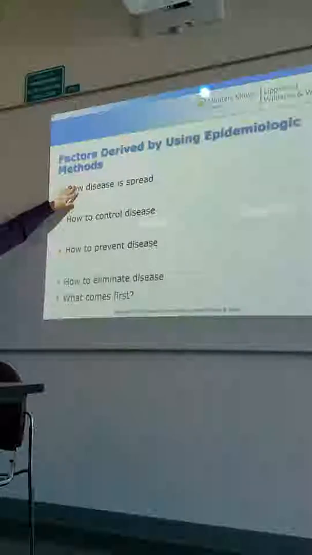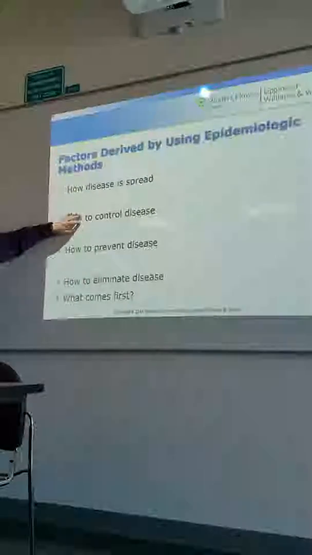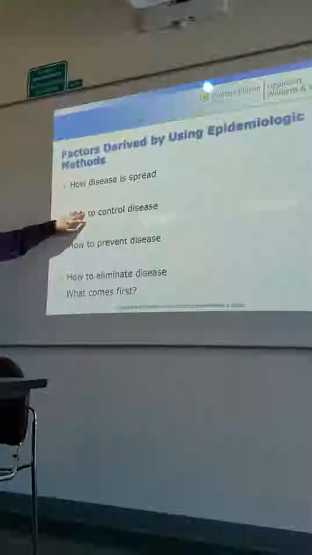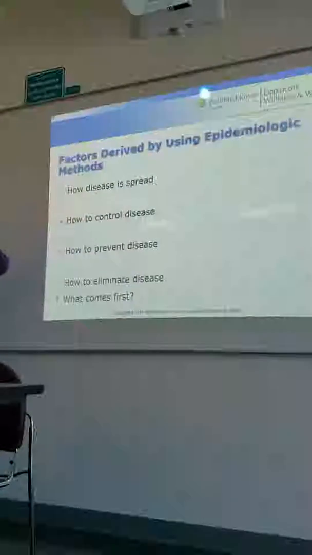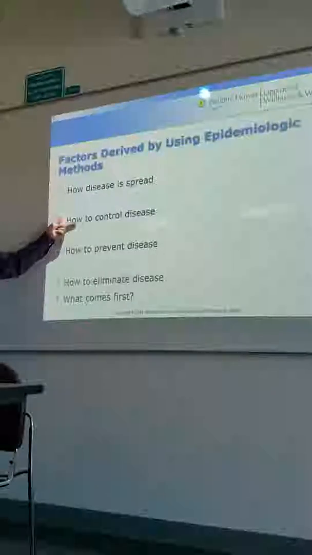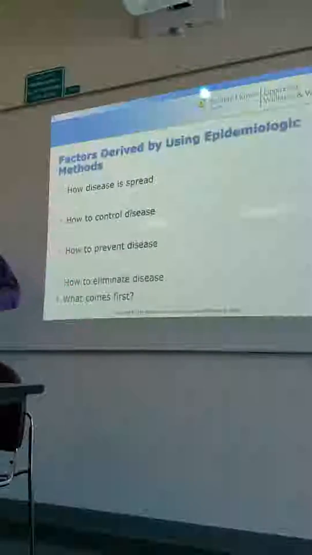Once you know how it's spread and what's causing it, you can implement all of these, right? The best example of this that I know of is the HIV epidemic. They did not know what was causing it for several years. If you don't know what's causing it or how it's spread, how can you treat or control it? How can you prevent the spread? How can you eliminate it? You can't.